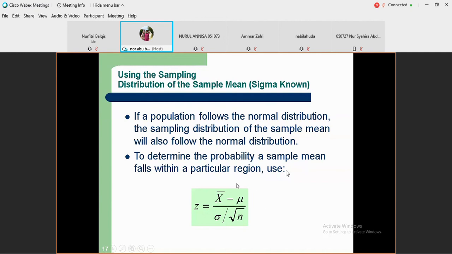Okay, we're going to use Z is X bar minus mu divided by sigma, and this sigma should be divided by square root of n. Okay, why so? Because X bar is our mean earlier, 31.38. Mu is the mean of the population, 31.2. And sigma, sigma was given earlier, right? Sigma of the population. And then n is your sample size, 16.